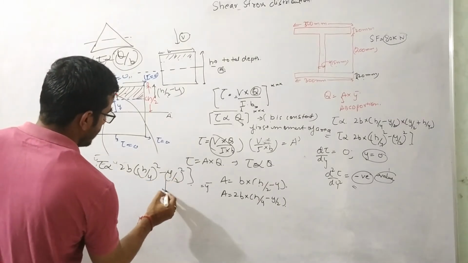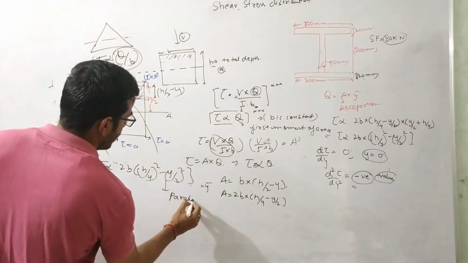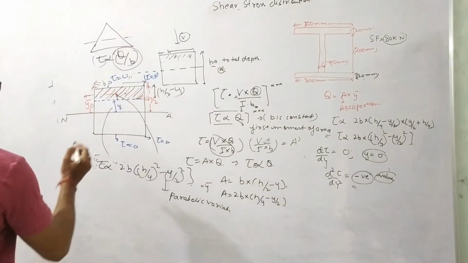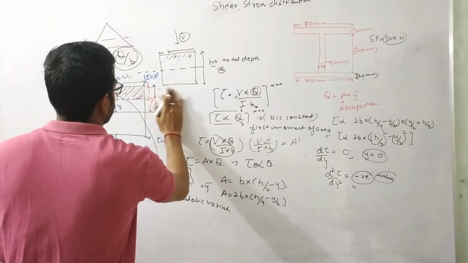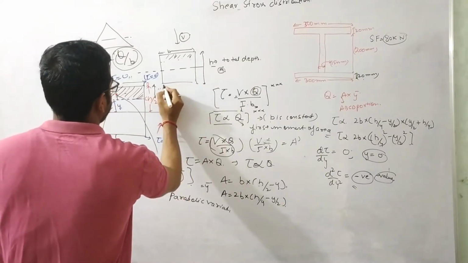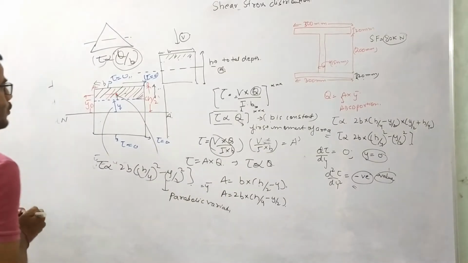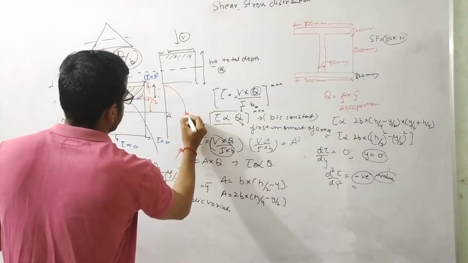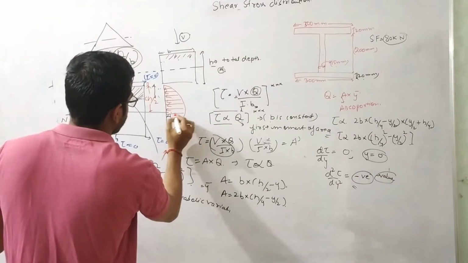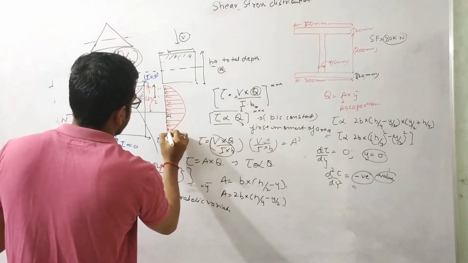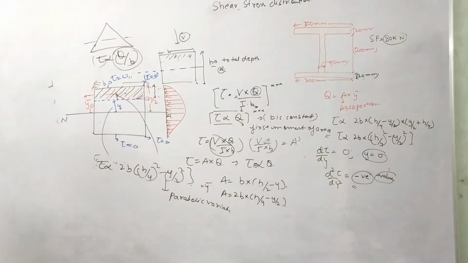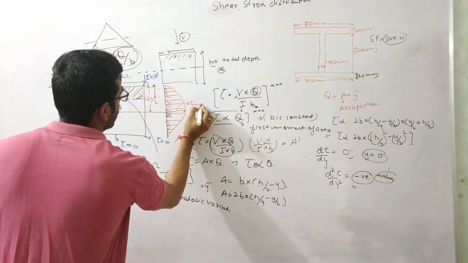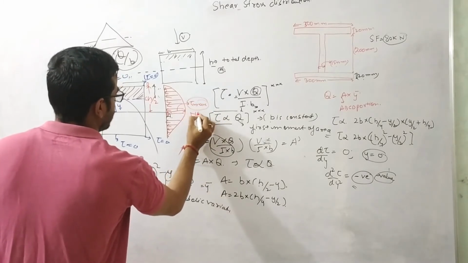So at the neutral axis my shear stress will be maximum. At these points my shear stress will be 0. So this will be my variation of shear stress distribution, and this is the point of tau max, which is at the neutral axis.